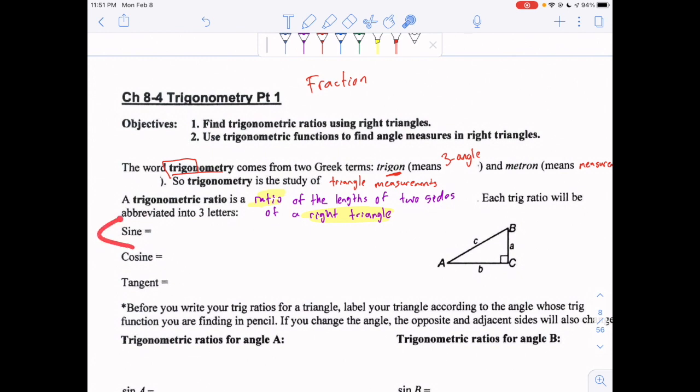Please don't say sin. This is sine, cosine, tangent. When you do abbreviate it, just for shorthand, this is sine, that is cosine, this is tangent. These are just specific ratios. We'll talk about these ratios shortly here.